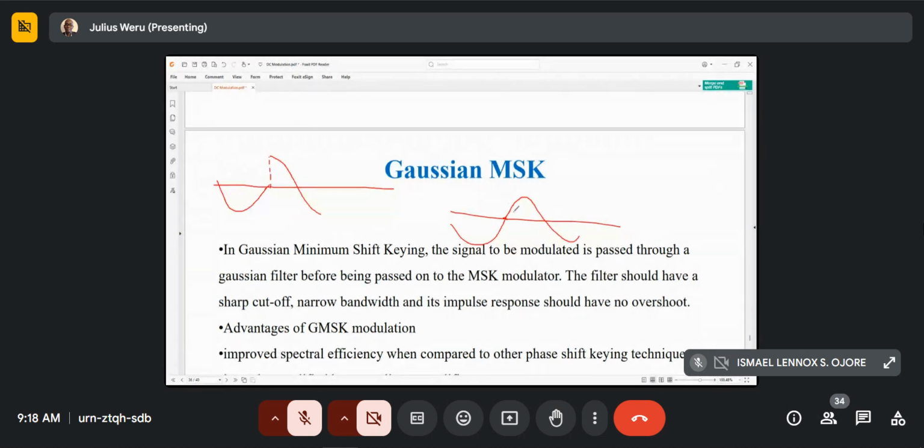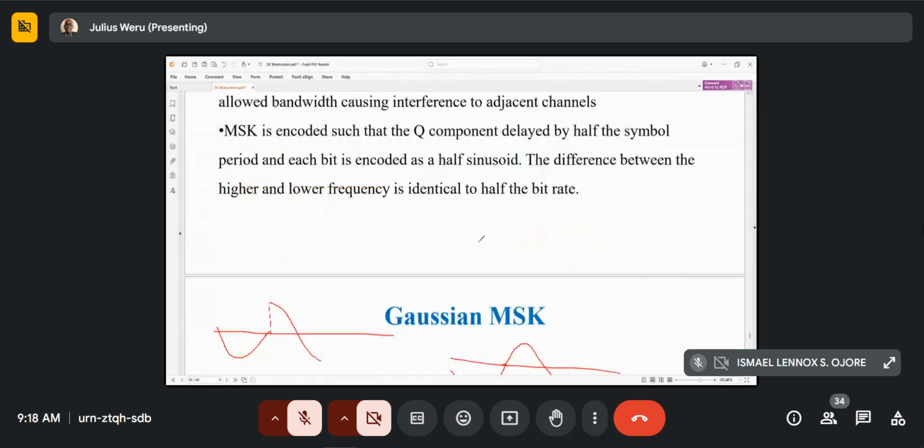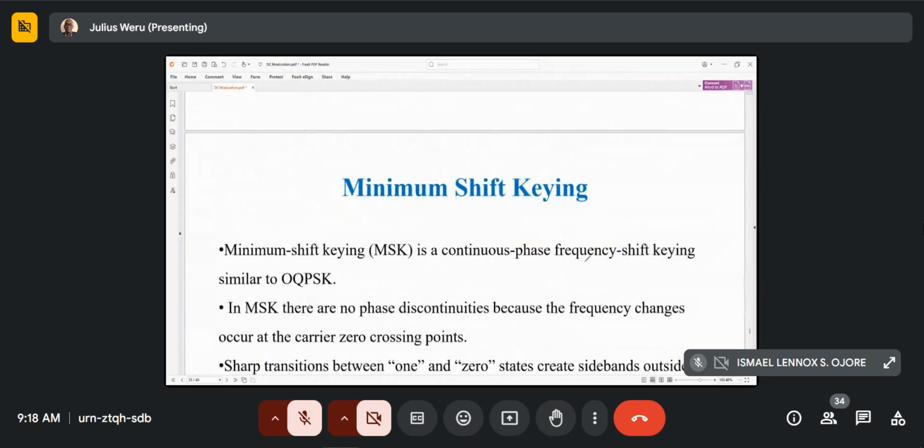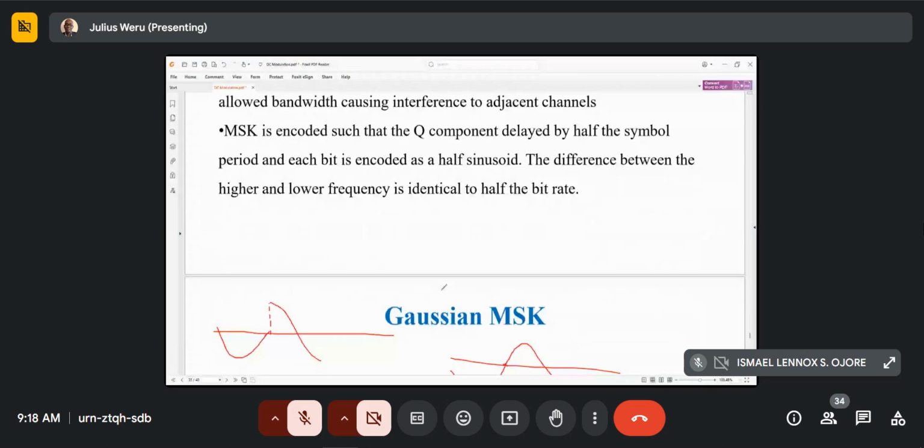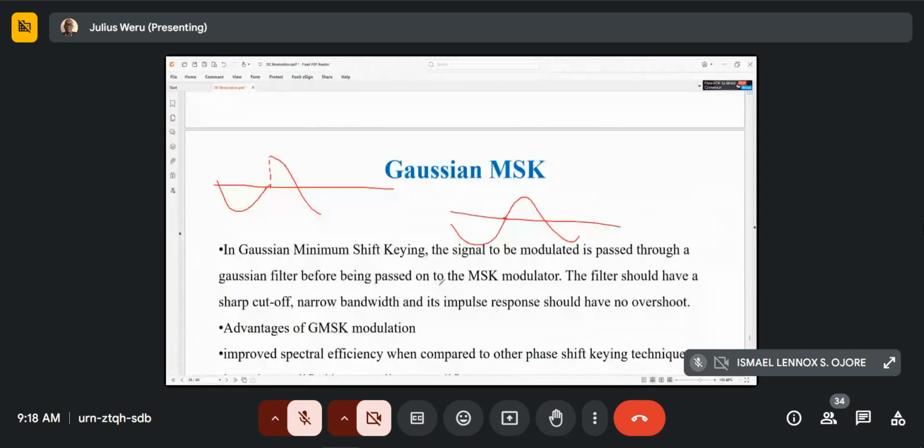You're trying to avoid these discontinuities, so we create what we call continuous phase frequency shift keying. We have just made it simple.